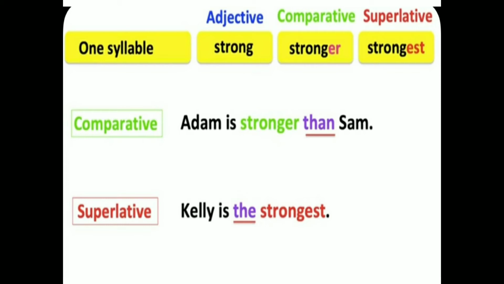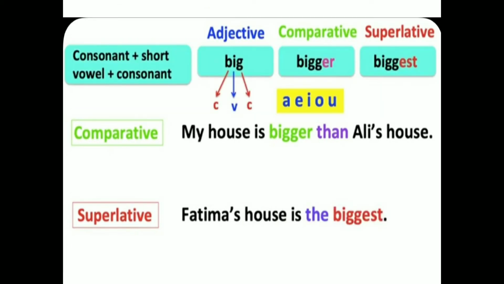You can see in this example that in the comparative degree we are using than, and in the superlative, Kelly is the strongest. So we have used the here. In simple words, we have to add er in comparative and est in superlative degree.